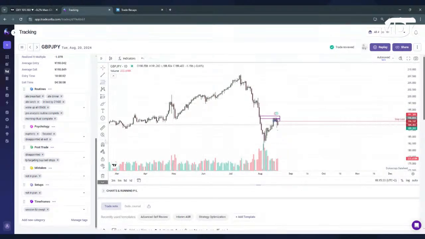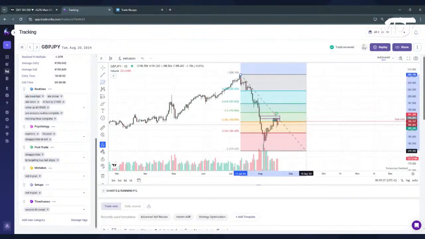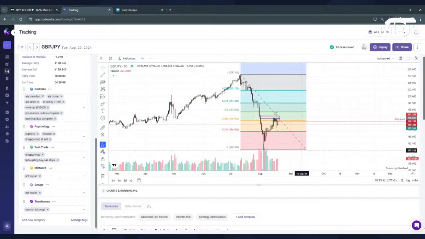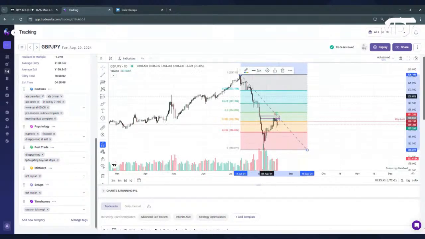And if I project the fib, my EPD starts at 50%, which is a green line that you can see here. And as you can see, we weren't in EPD.